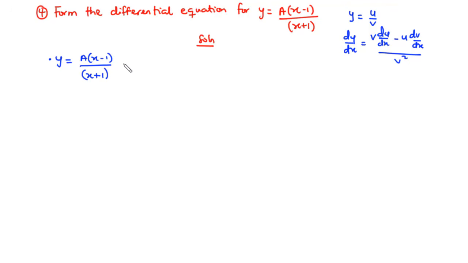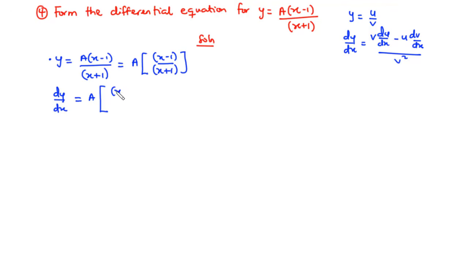So even before that, you need to factor out a. So you have a on the outside, x minus 1 divided by x plus 1. So x minus 1 is u, x plus 1 is v. So let's find dy/dx. That will be equal to, we have a on the outside, and then you are going to hold v.